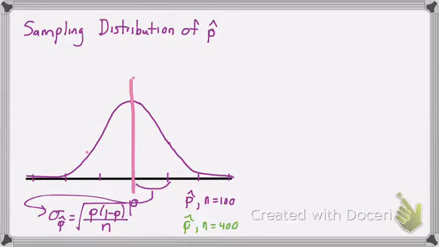Now, that standard deviation will increase as the numerator gets larger, and the numerator will be larger when the probabilities are close to 50-50, because the maximum value of that numerator is 0.25. If p is 0.5 and not p is 0.5, my numerator has its maximum value of 0.25.